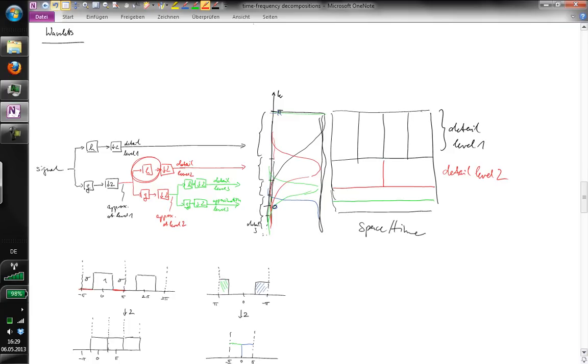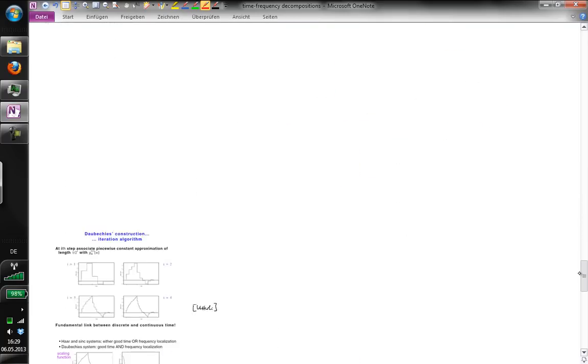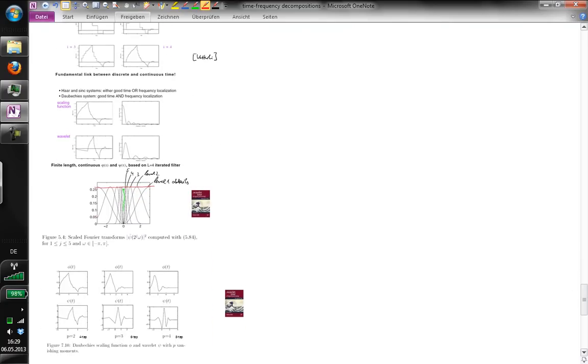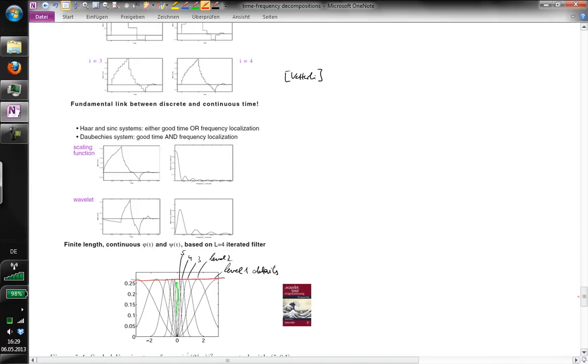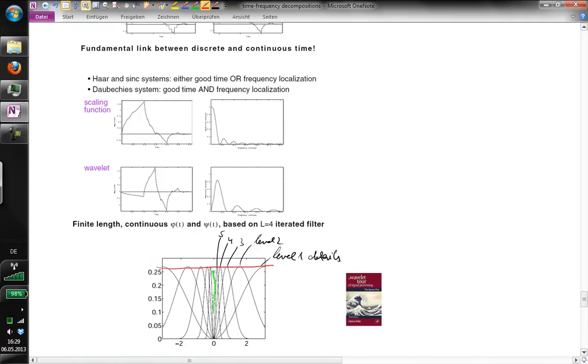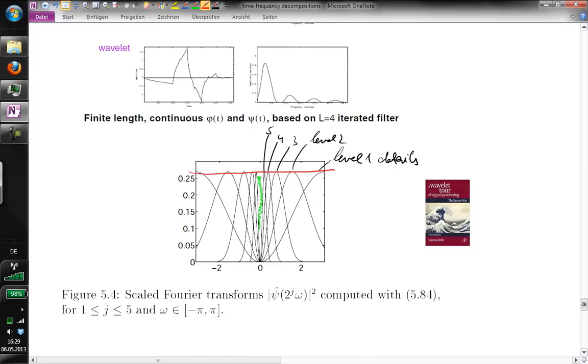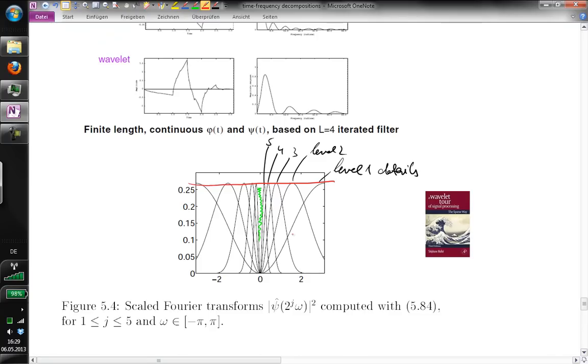This was the image that I sketched here in the middle, but also what you've seen down here: by arranging these repeated filter banks in a sort of tree structure, we get out a high-pass filter, a number of band-pass filters, and a low-pass filter.